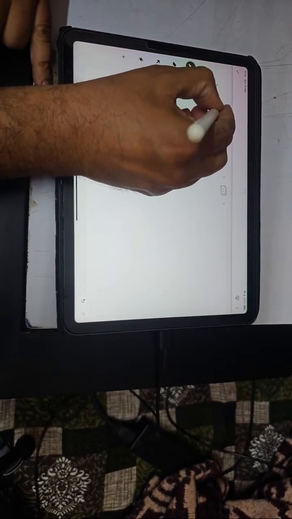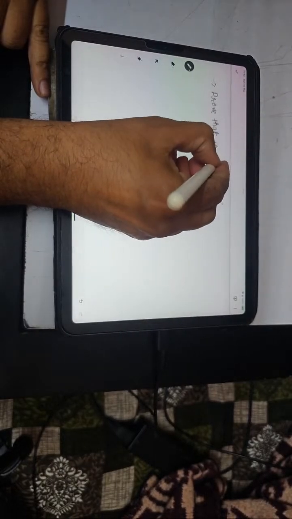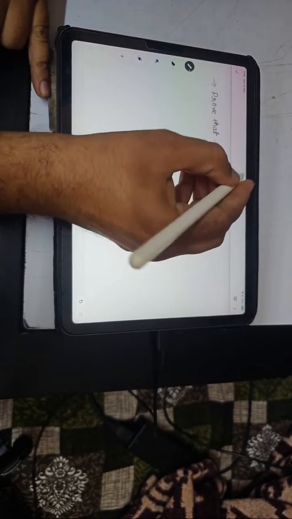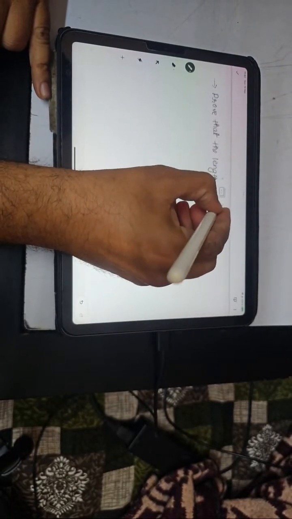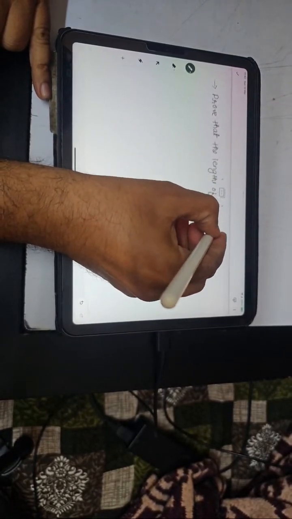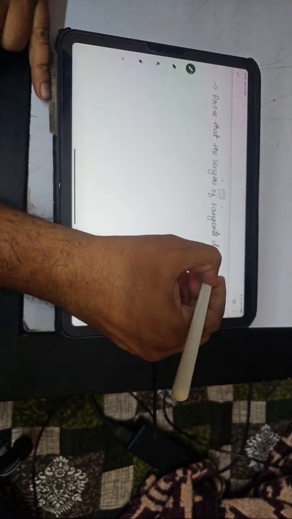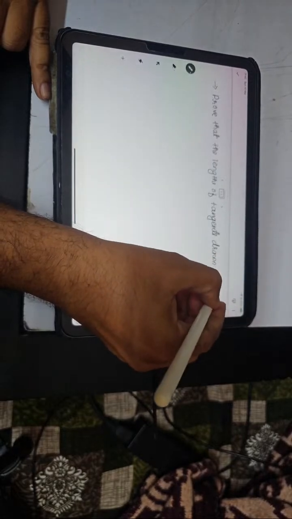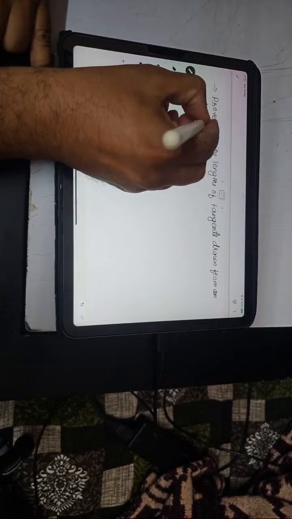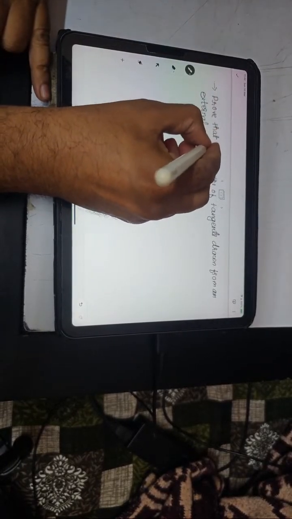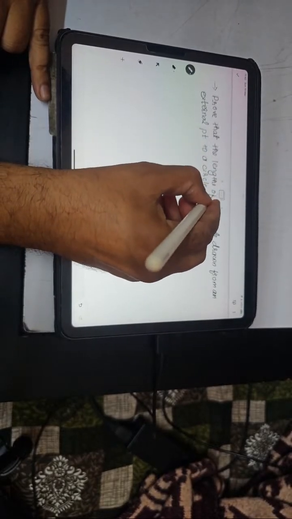Prove that the length of tangents drawn from an external point to a circle are equal.